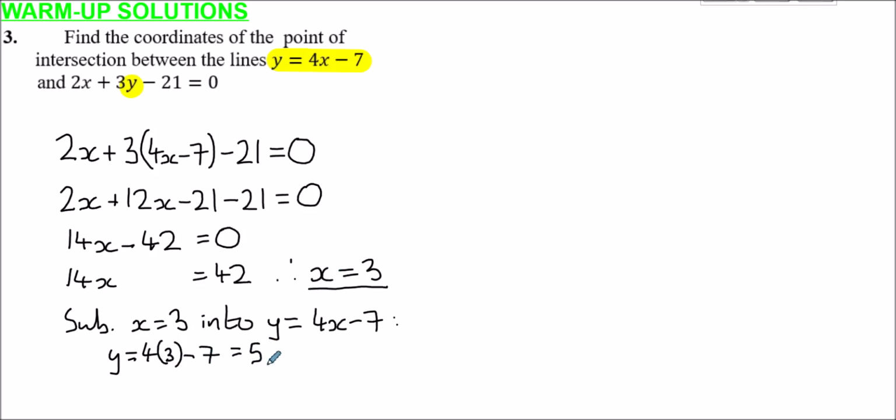So x is 3, y is 5, so we've worked out the coordinates of intersection.